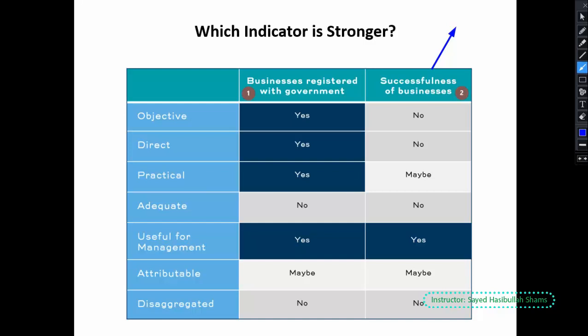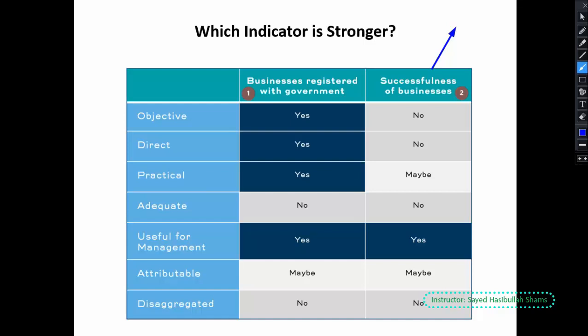Useful for management. Yes, this is useful for management because through this indicator they can measure very easily and take decisions. And yes, this will also be useful for management. And I understand that the successfulness of the businesses is attributable, as I have mentioned before, that we must do research to understand the attribution of the indicators.